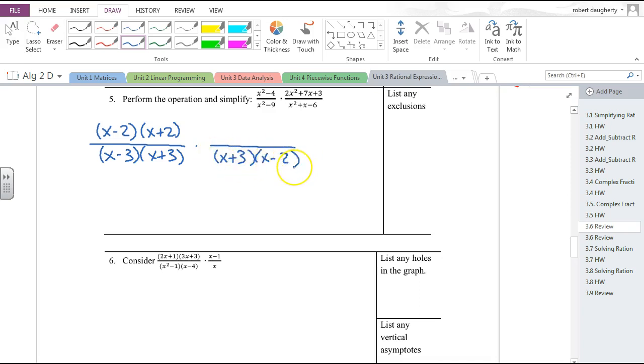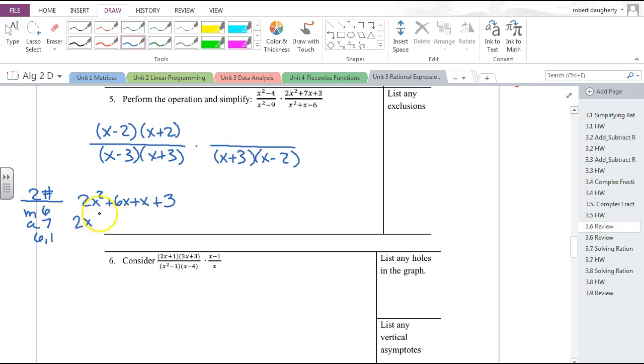(x minus 2). And then for the numerator, I'm looking for two numbers that multiply to give me 6 and add to give me 7. That's 6 and 1. So that is 2x squared plus 6x plus x plus 3. Factor by grouping.